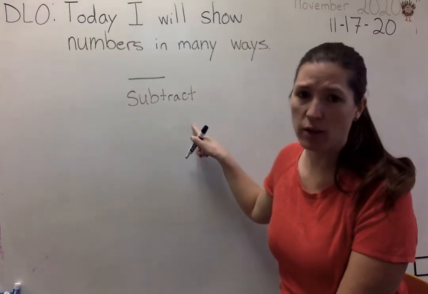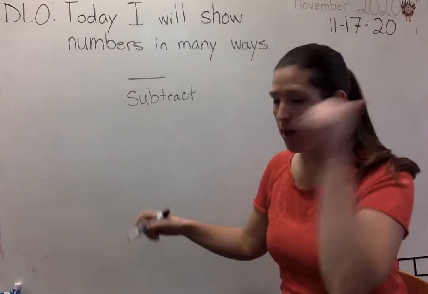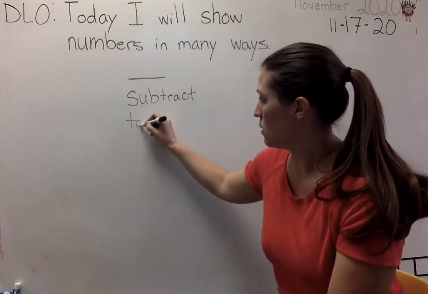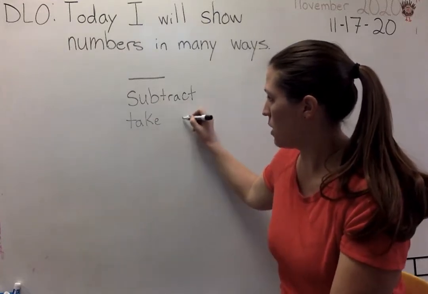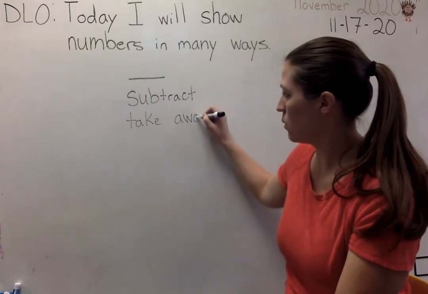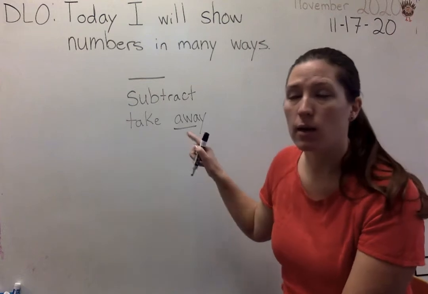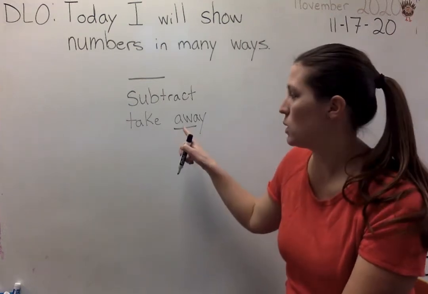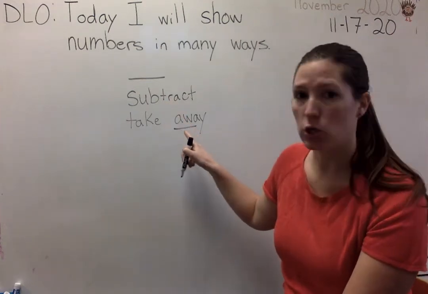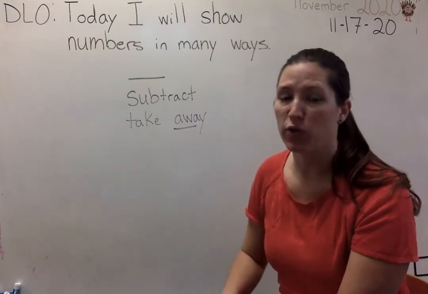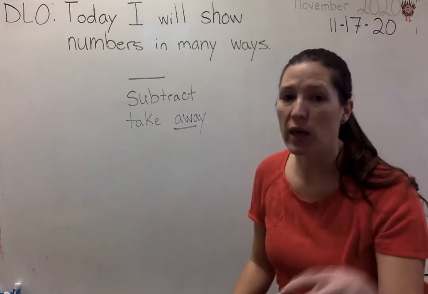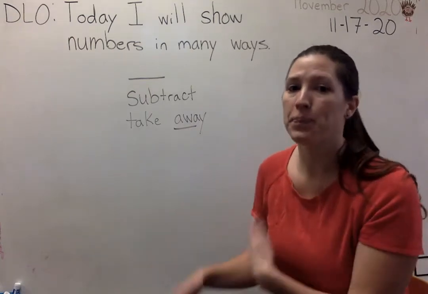When we subtract, we take away. And away is important because in many of our story problems with subtracting, you'll hear away. There were 5 ants at the picnic. 2 ants walked away.